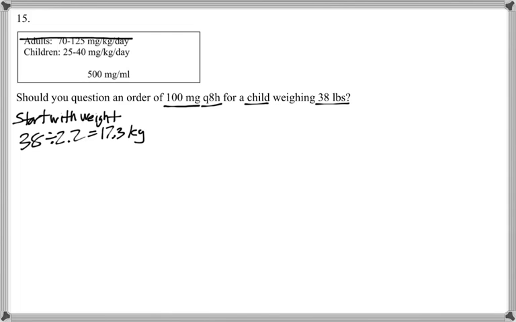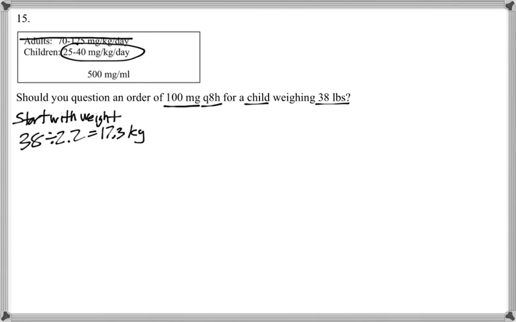So next I want to find the rate that has a per kilogram on the label and the one that has a range, and that is right here. So this has the per kilograms and it's a range of numbers, 25 to 40, whereas the 500 is not a range and we don't have a per kilogram.